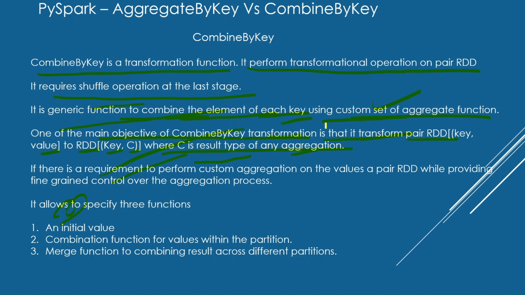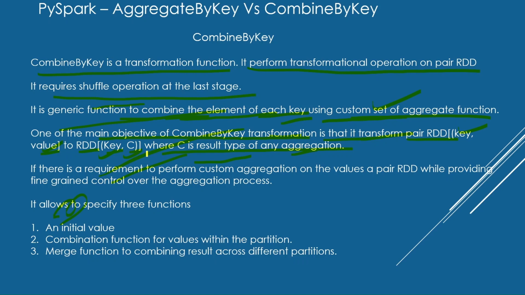So what does it mean? It means that the combine by key function is going to take place on the pair RDD, and the data points are present in key and value pairs. When the transformation function is applied with the help of combine by key, the resultant RDD will look like this. This is the key and this is the C, and C is the result of any aggregation.